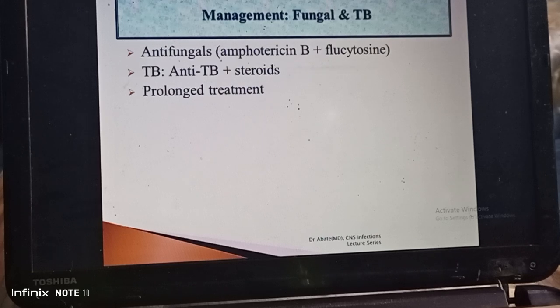The other thing is fungal and TB meningitis. For fungal meningitis, we treat with antifungals like amphotericin B plus flucytosine. For TB meningitis, we use anti-TB drugs with steroids. The first line anti-TB medications are rifampicin, isoniazid, ethambutol.